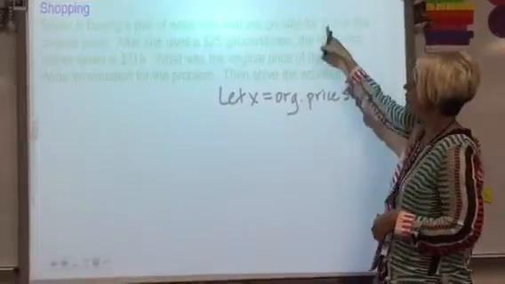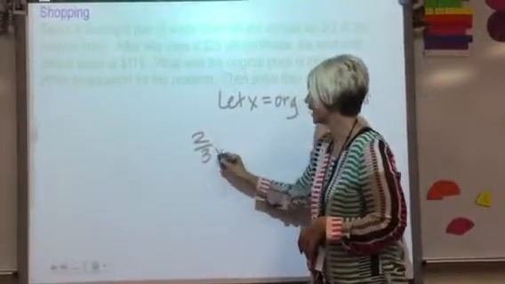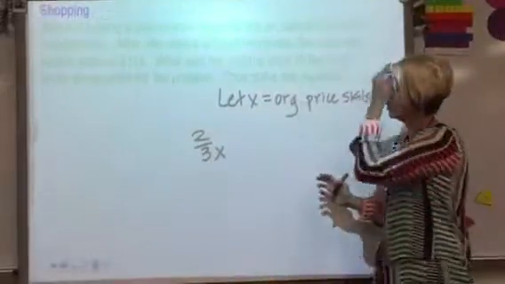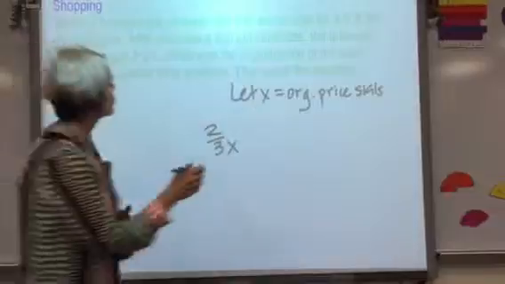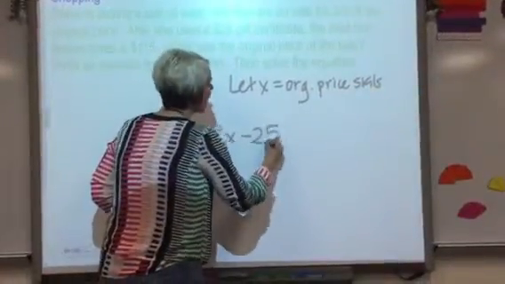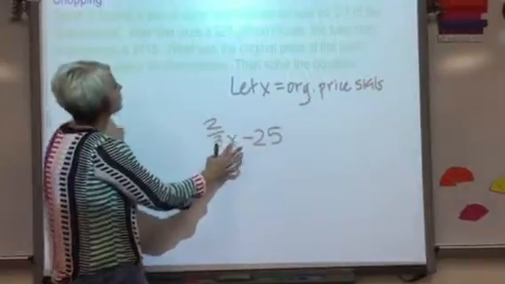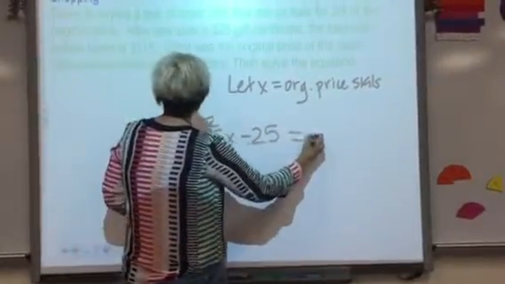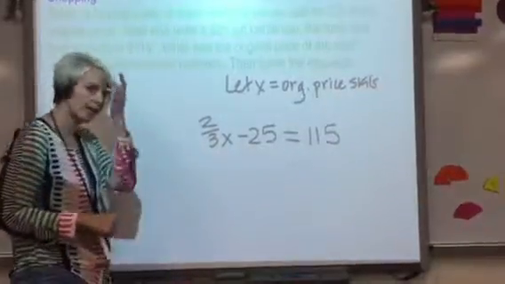We know that they're on sale for 2/3 of the original price, so we're going to do 2/3 x. See if that makes sense to you. Then we know that she used a $25 gift certificate, so that's going to be a subtract 25, because that $25 gift certificate was off of the original price. And then the total was $115. So now we have a good looking equation.